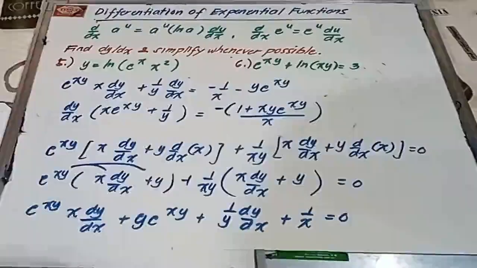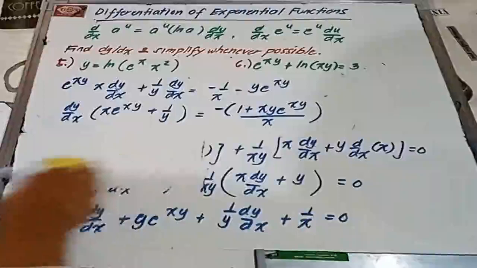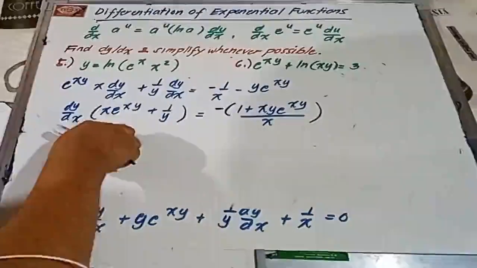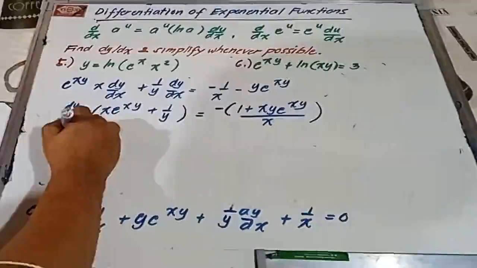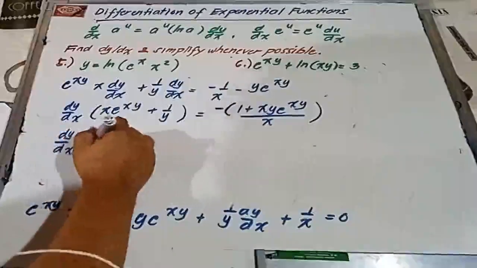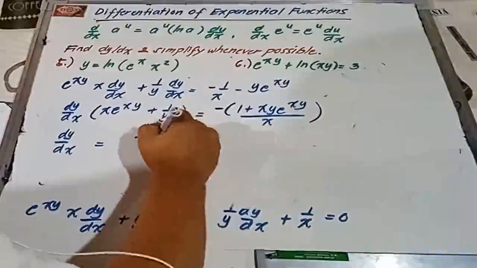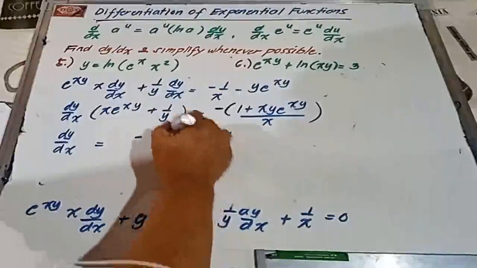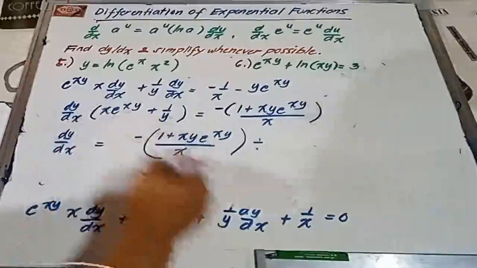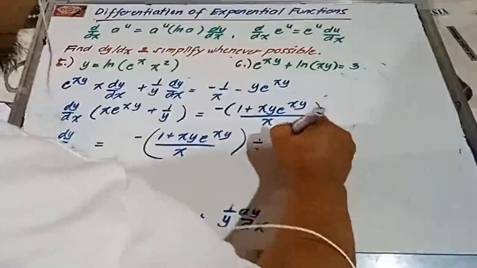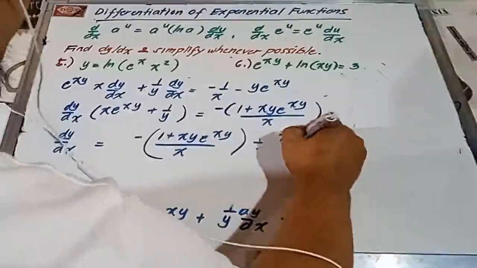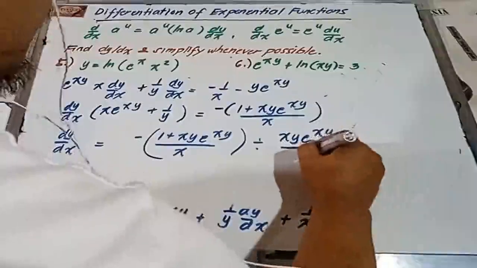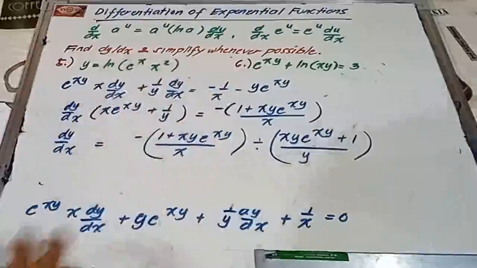Okay? LCD natin, then divide natin. So, we have dy over dx is equal to negative 1 plus xy e to the xy over x divided by this. Okay? So, cross-multiply natin, that is xy e to the xy plus 1 over y. So, nag-LCD na ako. Babaliktad lang.